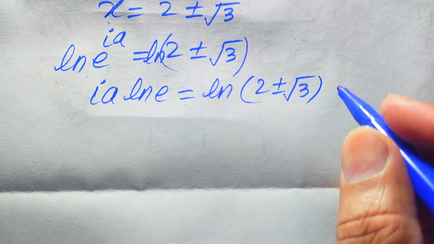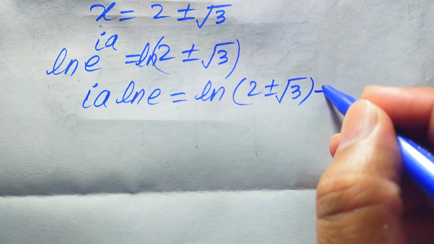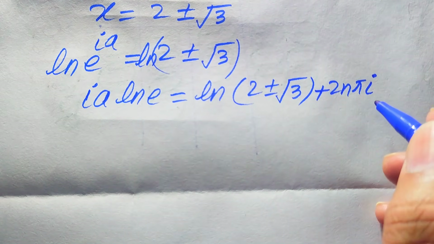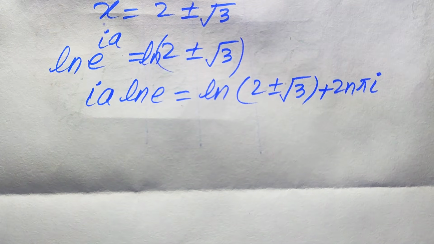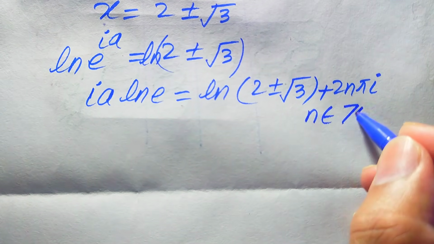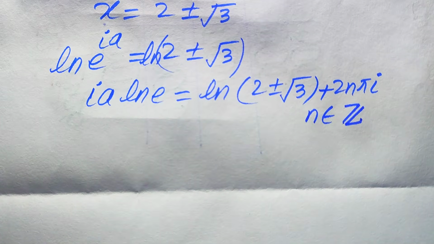And further, in order to find all general solutions of this equation, we write here the term 2n pi iota. We write this term only in order to get all the solutions of the given equation, and here n must belong to the integers.